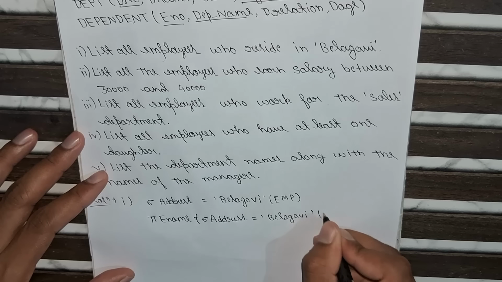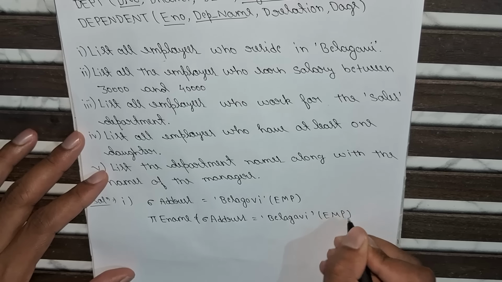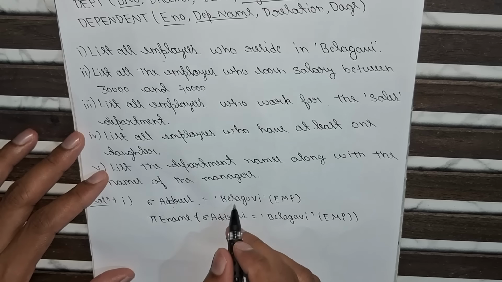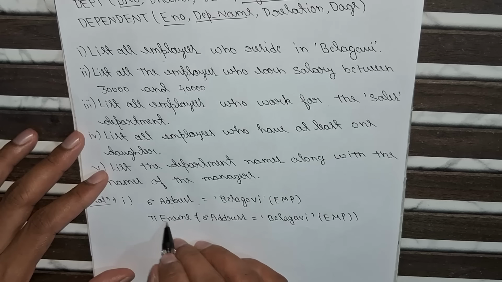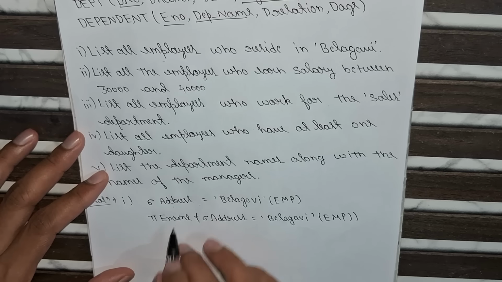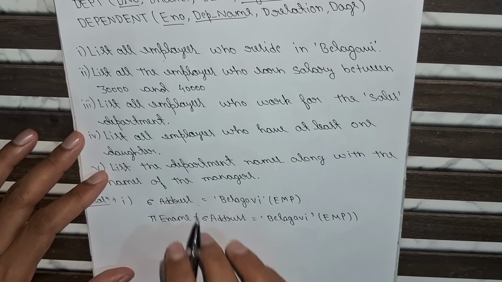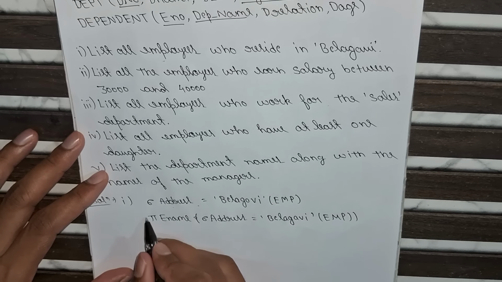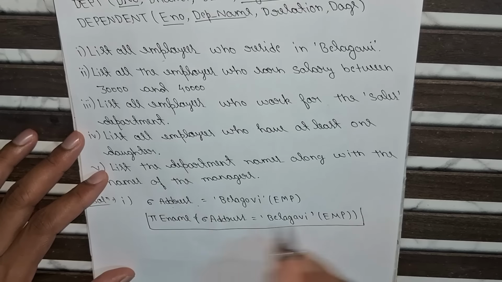Up to here we can easily understand that whoever the employees living in Belagavi, their names will be coming here. Now our final answer is this one only. This is our final answer for the first question.